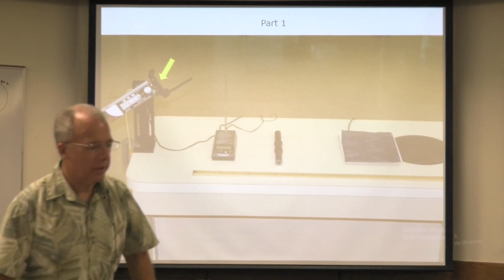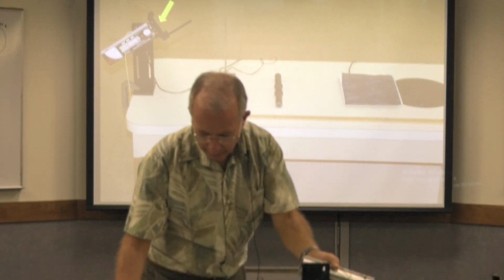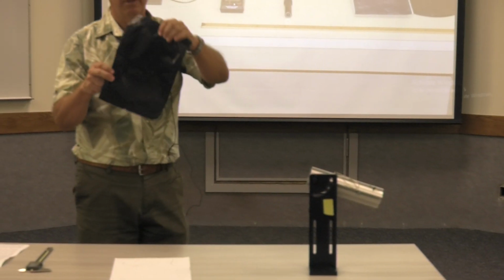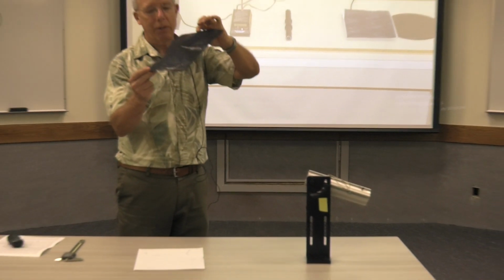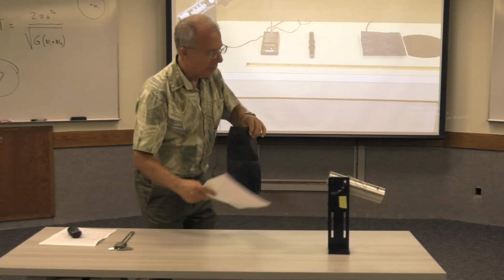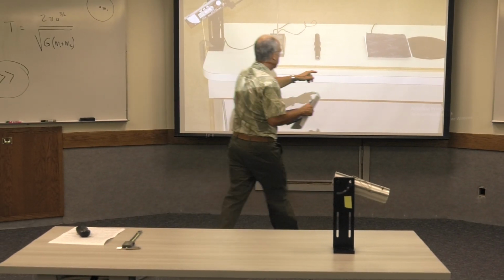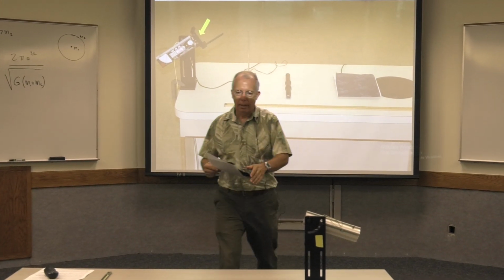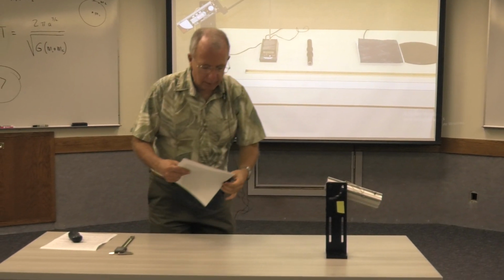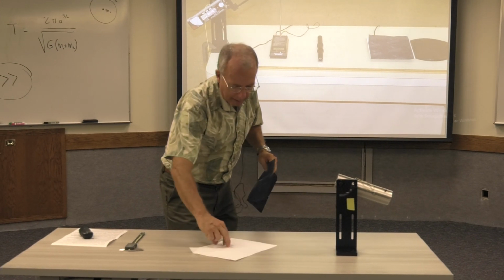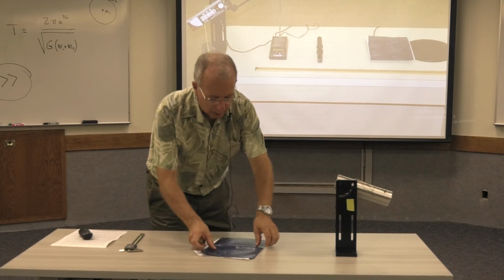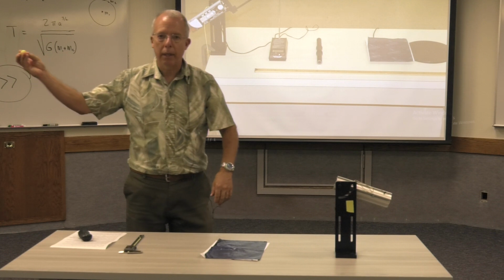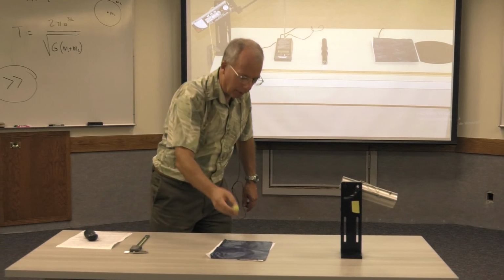For the final position, we're going to use what's called carbon paper. This is a relic of the past. You can see that this is the time of flight pad that you're familiar with. Just pretend there's a time of flight pad here. Then we put down a piece of white paper, then we put the carbon paper on top. So what happens is the ball hits the carbon paper.